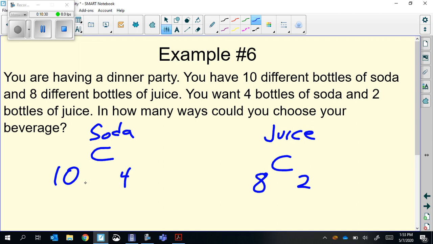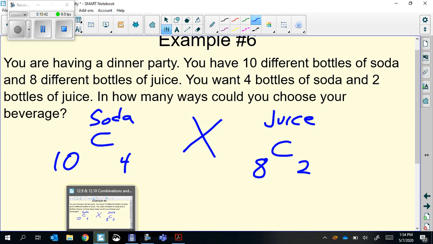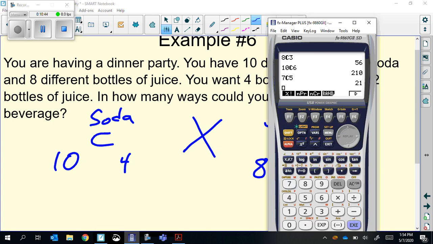So we have a 10C4 and an 8C2. Now we're looking for all those different combinations also. So this is also using the counting principle, which means we're going to multiply these things together at the end. And you can do that all in one step on your calculator. You can do 10C4. We'll put some parentheses around it just to make sure.